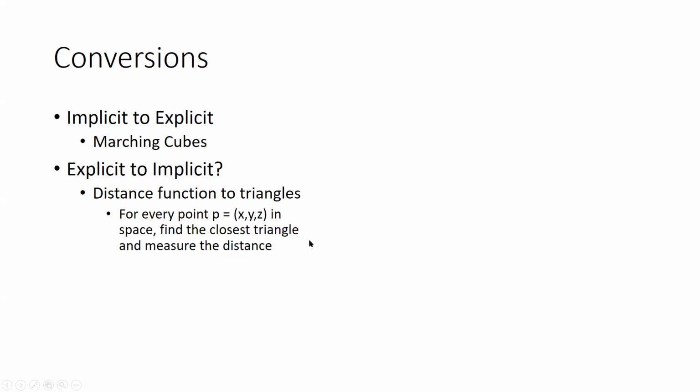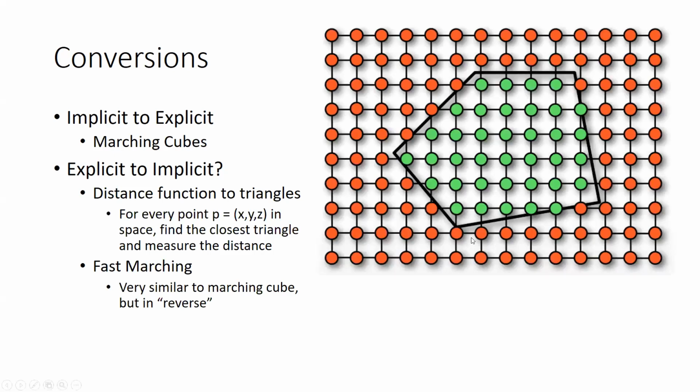That means each triangle I actually make as a function, and then I measure a distance to all these triangles to be the closest measure. It's very similar to marching cubes, but in the reverse way. For example, the black lines are my objects, I actually can label the green one and the orange one as a sample point.